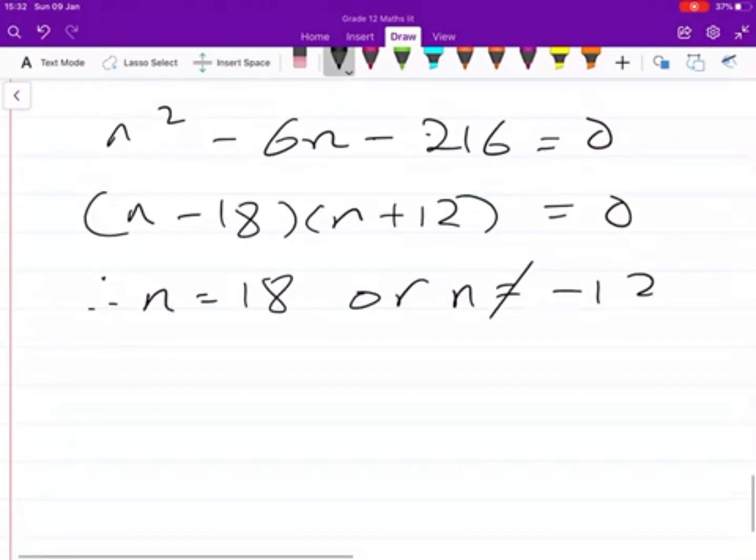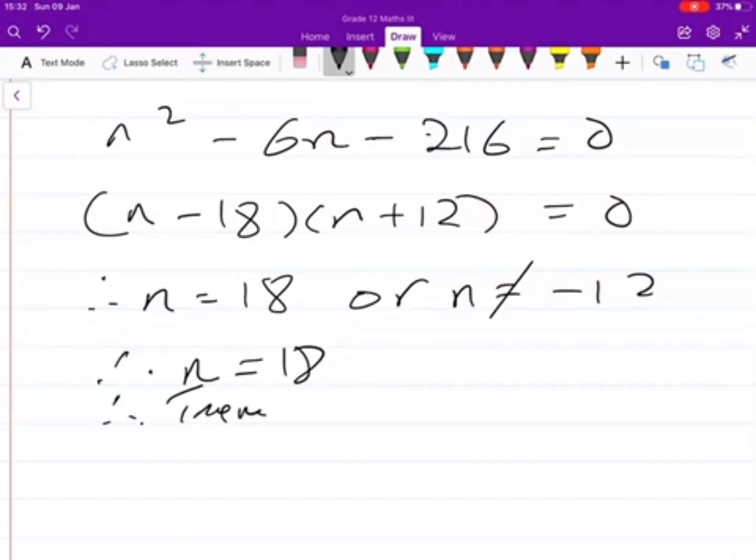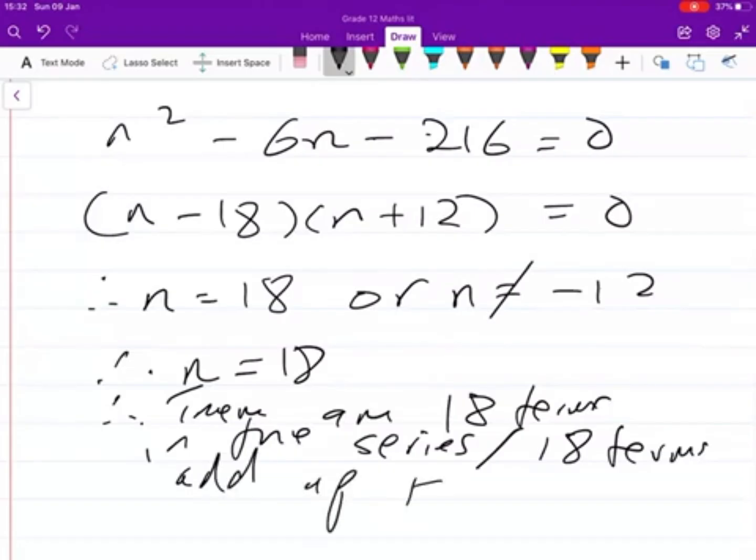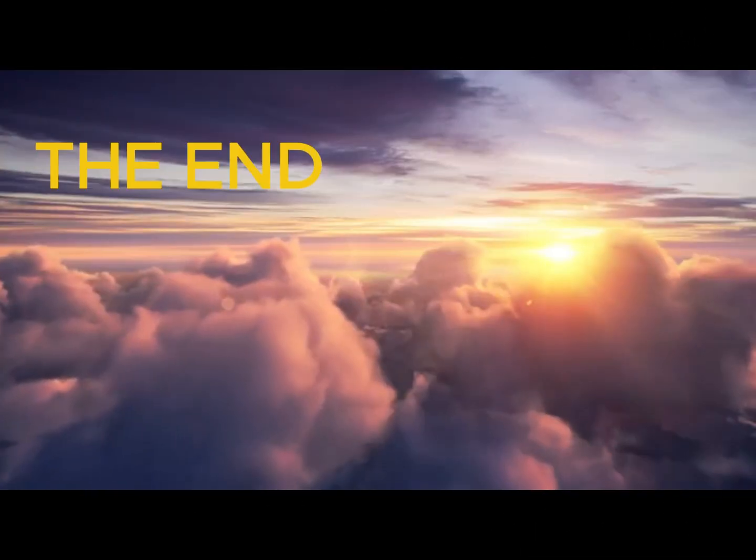But n cannot be negative. Therefore n equals 18, so there are 18 terms in the series, or you can say 18 terms add up to negative 216. I hope you understood.